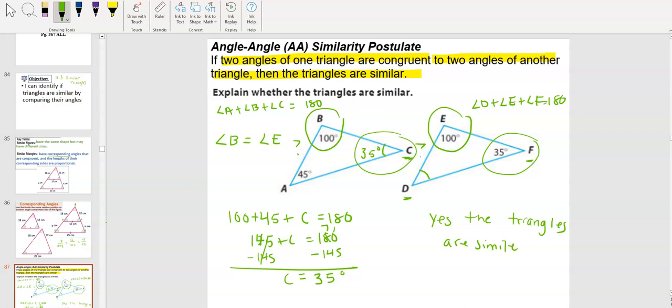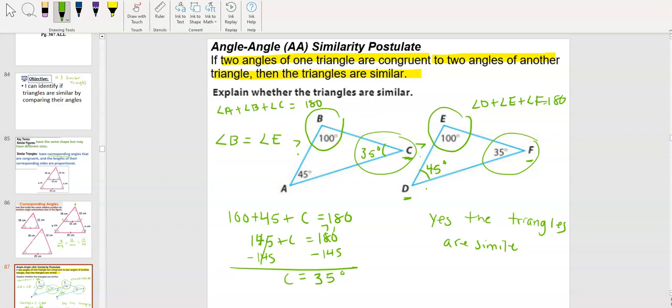I know that because if I add all three of these angles together, it's going to equal 180, and that's the same thing on this other triangle as well. And so if 100 plus 35 plus this other angle is 180, then we also know that angle D and angle A are also 45 degrees and congruent as well.